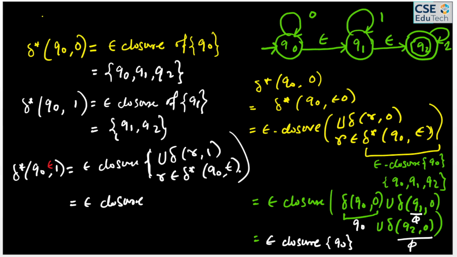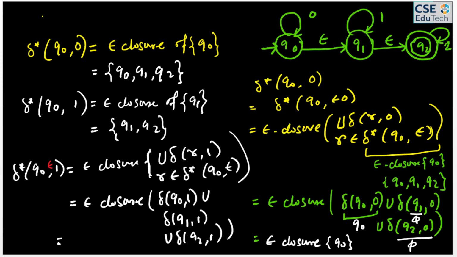Delta star Q naught epsilon means here Q naught, Q1 and Q2. So we can write delta Q naught 1 union delta Q1 1 union delta Q2 1.